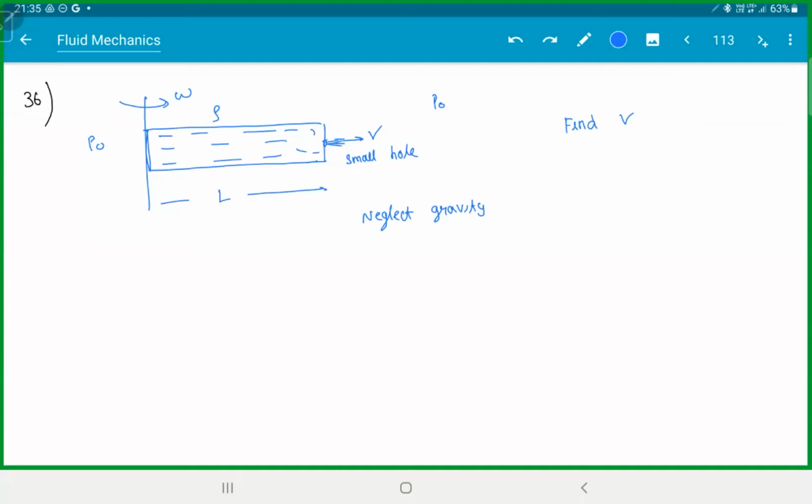Do you remember the formula for pressure at the interface? You have done this, pressure on an interface. I told you to remember the result. If that result comes, the question gets done in one step. Try, think for a minute.